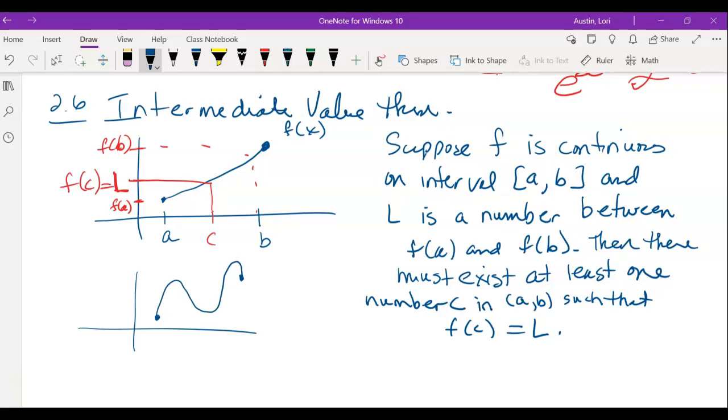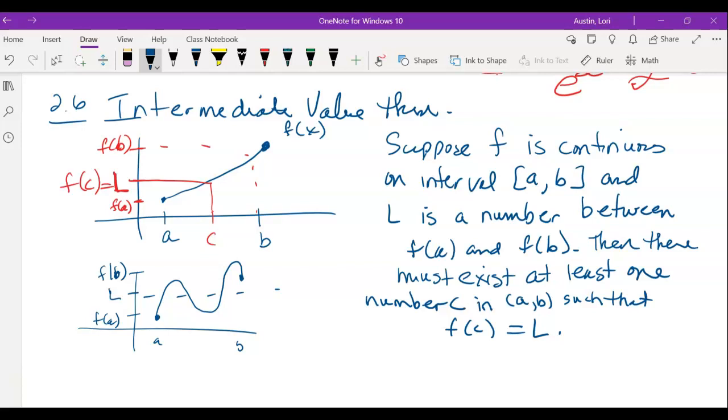That's still a continuous function between A and B. You agree? There's A, B, f of A, f of B, there's my L. How many values of C are you going to be able to find? So it says at least one. There could be more than one.